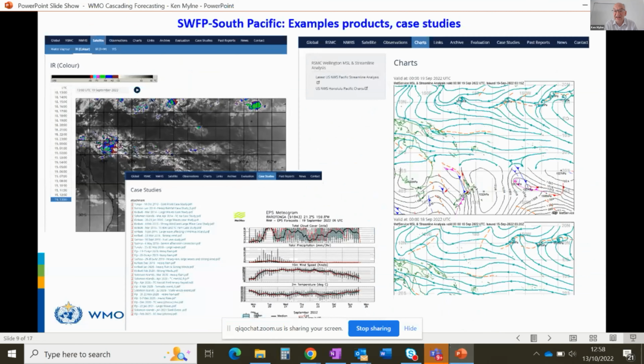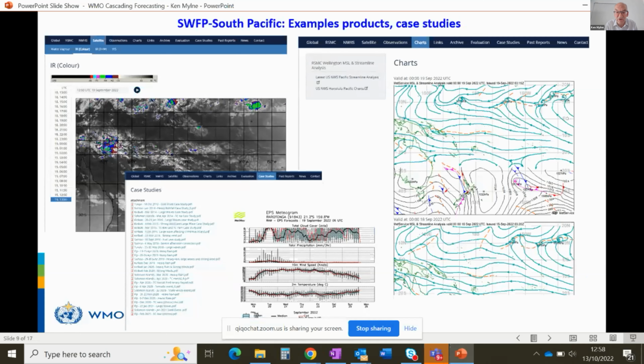Here's just another few examples of the types of products that are used in that particular region. So they actually provide weather maps showing the key winds and flows and pressure systems. The example at the bottom is an ensemble meteogram.